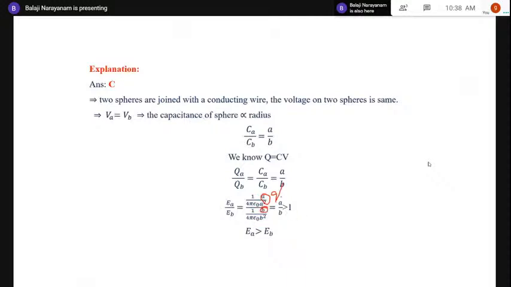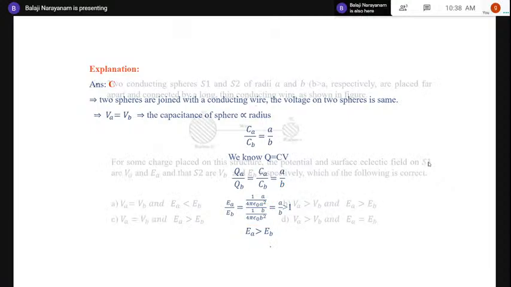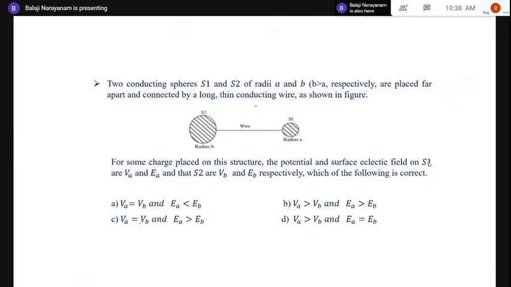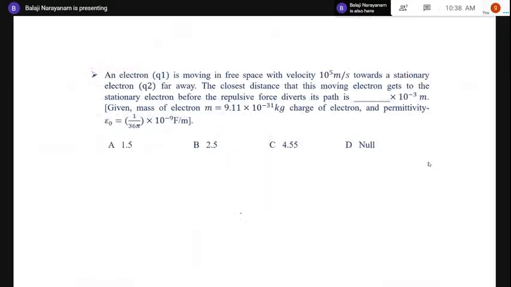So here you get the ratio as B by A, and this being greater than unity, EA, that is the electric field intensity on A, is greater than the electric field intensity on B. So we got the answer as option C, where the potential on sphere A and sphere B is the same, and the field intensity on A is greater than B. This is the first problem that we can observe from the previous GATE questions.